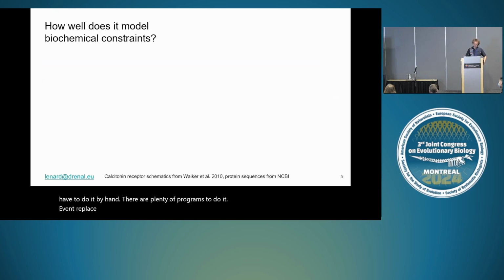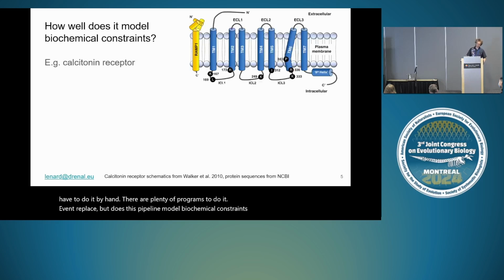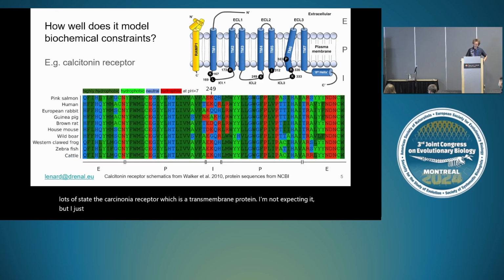But does this pipeline model biochemical constraints properly? Let's take the calcitonin receptor, which is a transmembrane protein. I'm not an expert in it, but I just found it a nice example.